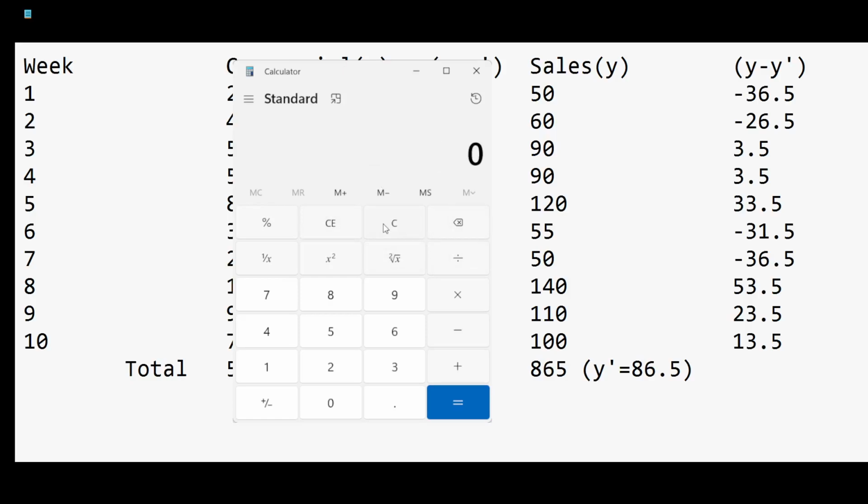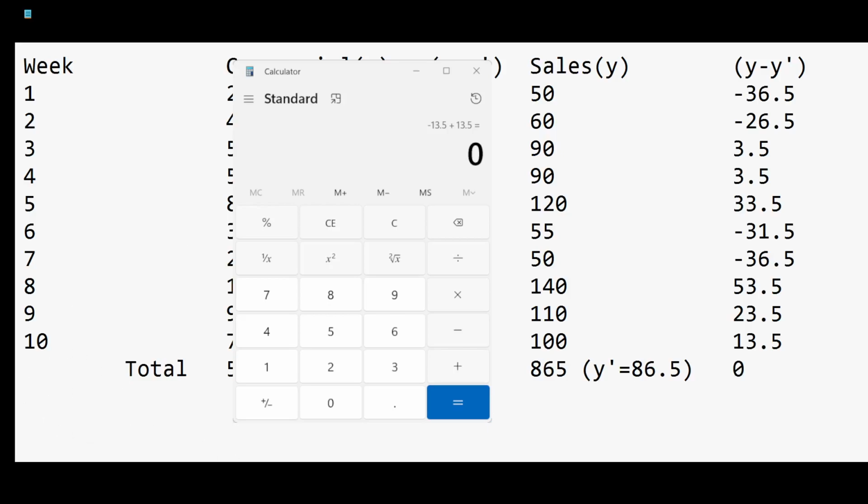Let's start with negative 36.5 plus negative 26.5 plus negative 3.5 plus 3.5 plus 33.5 plus negative 31.5 plus negative 36.5 plus 53.5 plus 23.5 plus 13.5 equals, so that's 0. So that means our computation is correct.